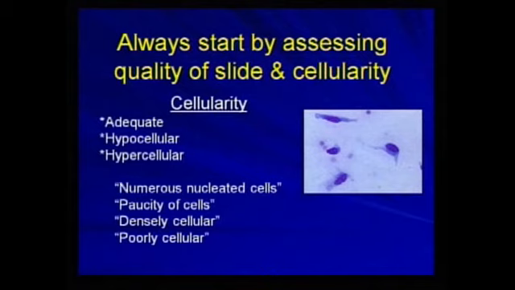Cellularity can be broken down into adequate cellularity, paucicellular or hypocellular smears, or hypercellular smears. Hypocellular smears obviously are not going to give you enough information to make a diagnosis. Hypercellular smears, which you often see when you get bloody taps, may give you a preparation that is too thick to evaluate.